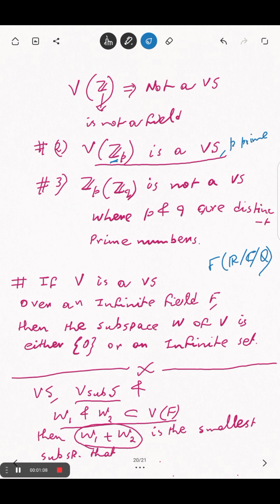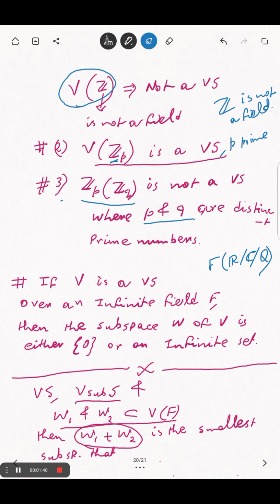Okay? Don't always think that the corresponding field of a vector space is always infinite. If Z is a vector space, what do you think? I say no, because you can check Z, the set of all integers, is not a field. Now another important note, Z_p over Z_q is not a vector space where p and q are distinct prime numbers.